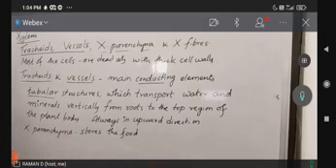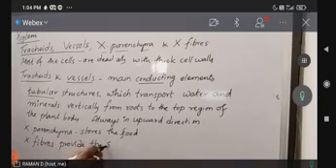Xylem fibers provide the maximum support. Xylem fibers provide the support, or they are supportive in function.